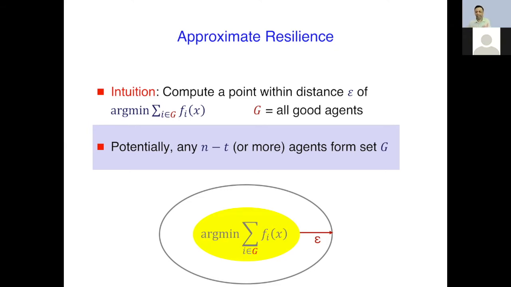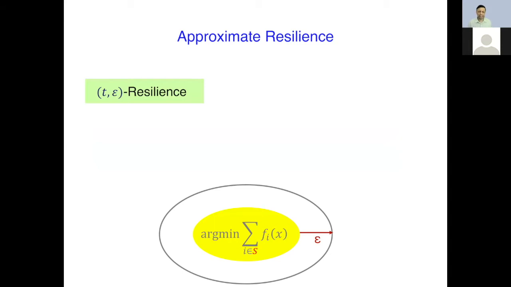To put it differently, even if more than n minus T agents are fault-free, the fault-free agents don't know that, and they have to allow for the possibility that exactly n minus T of those agents from the set G are actually fault-free. So keeping that in mind, we define (T, epsilon) resilience, which is a relaxed version of T resilience, as follows.